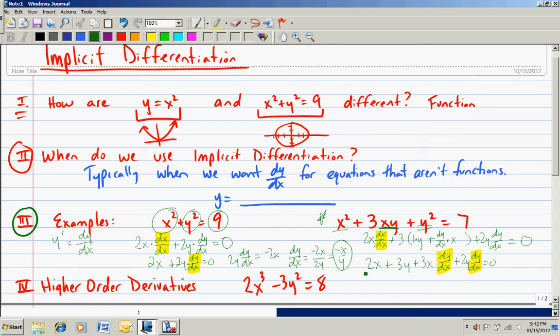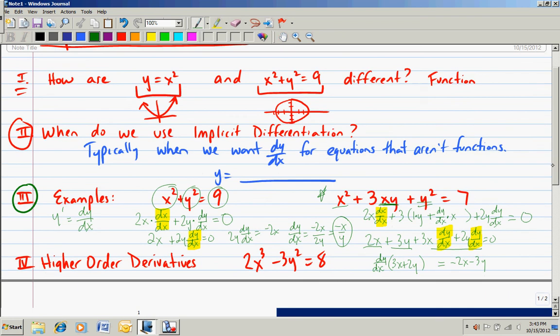So what I can do here is bring these two terms to the other side and factor out dy/dx from both of those remaining terms. So if I bring these to the other side, that'll be negative 2x minus 3y. And if I take out a dy/dx, what's left is 3x plus 2y inside there.